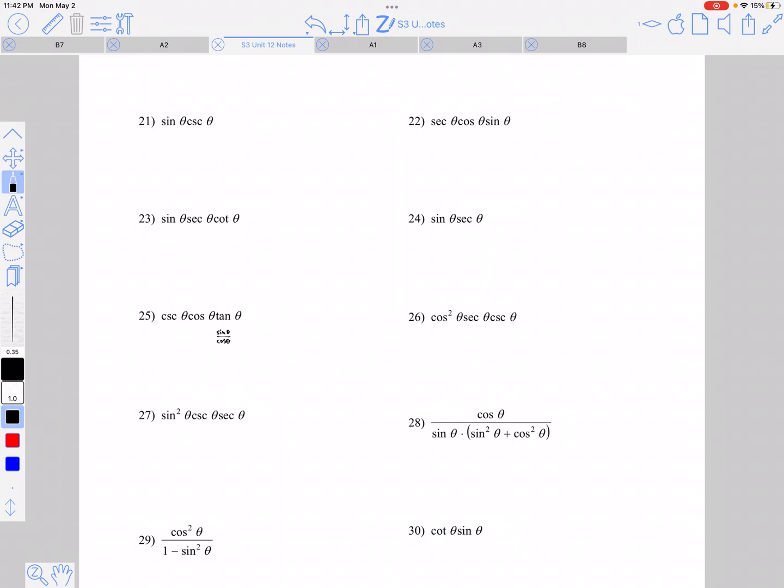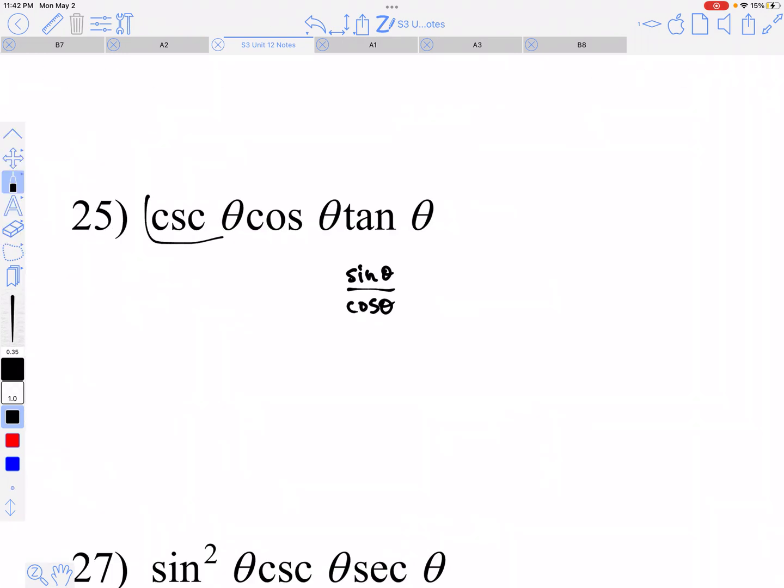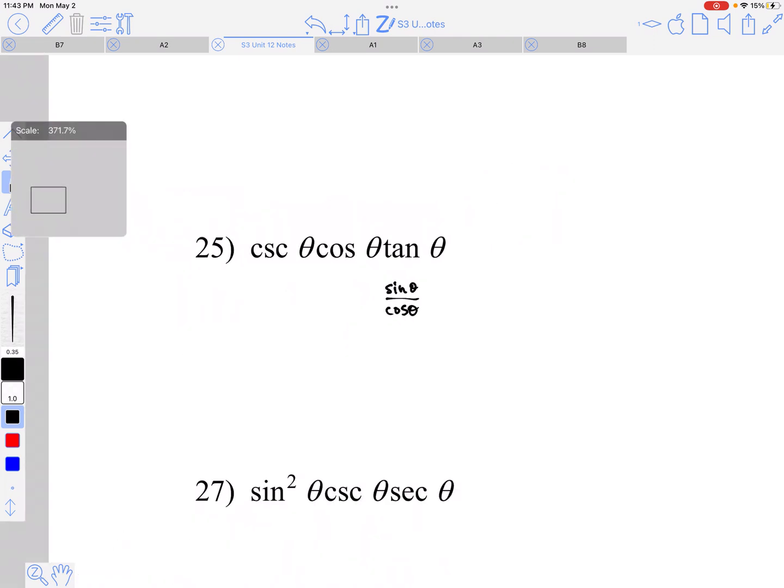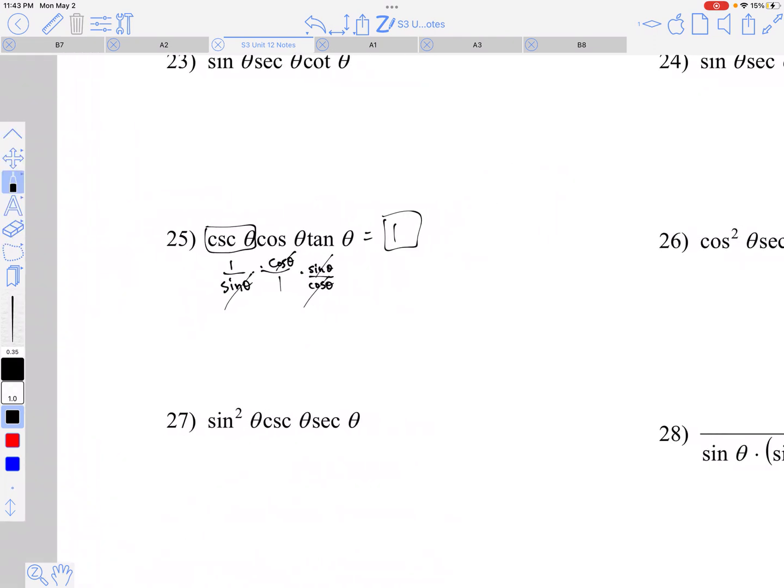All right, so that'll help us on these. So cosecant is the reciprocal of sine, so I can write it as 1 over sine, and then I have cosine. These are all held together by multiplication, of course. So the cosines divide out, the sines divide out, we're left with 1 over 1, which simplifies down to 1. And that's all you do, okay?